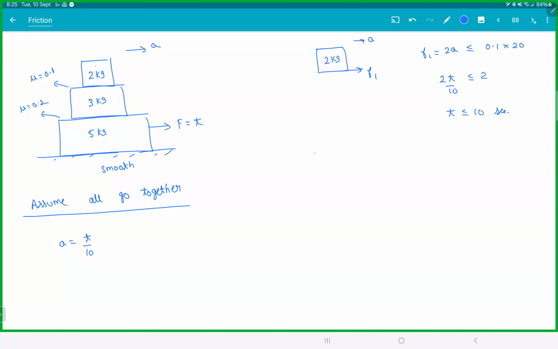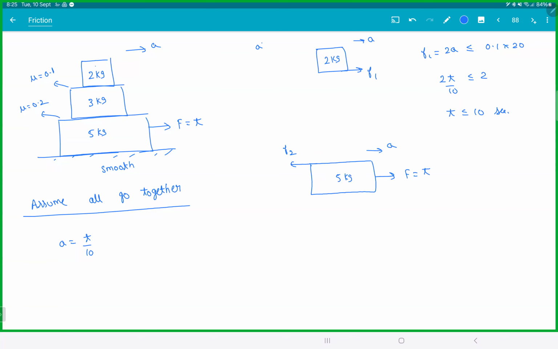Now take the 3 kg block. This would be F1. This would be F2, right? Or I can take the 5 kg block. It doesn't matter. 5 kg looks safer. I don't want to deal with two frictions in the same FBD. F is equal to T, and this is definitely F2. This is the acceleration again.